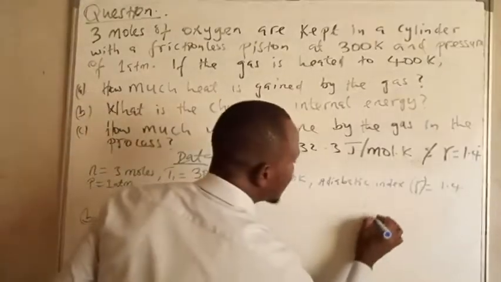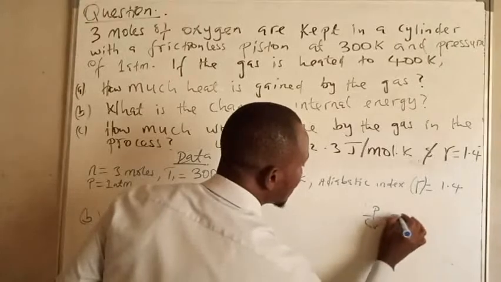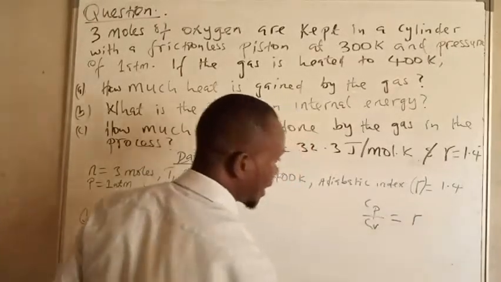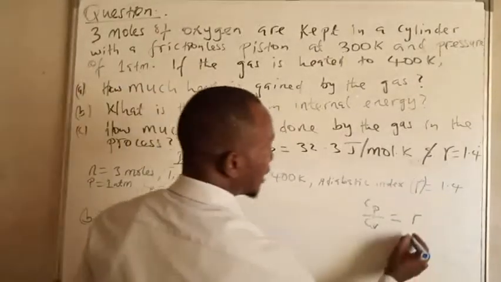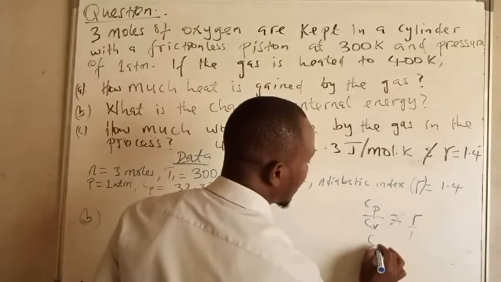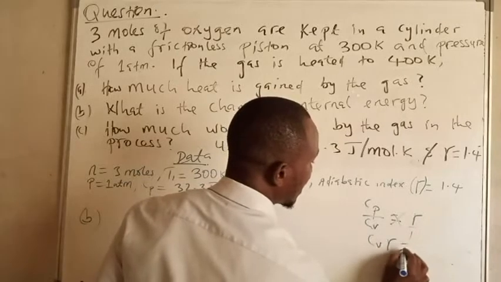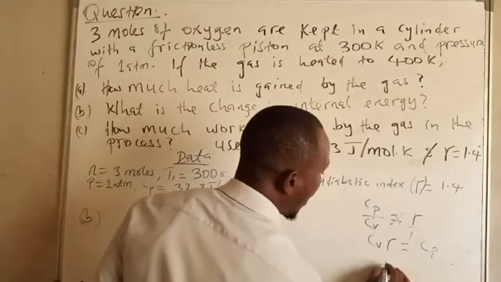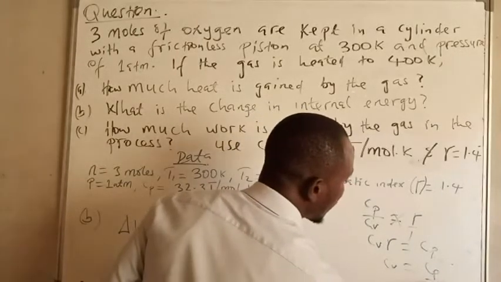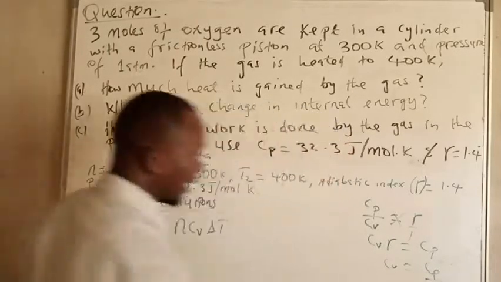We know that the ratio between Cp and Cv is what gives us the adiabatic index. So when we make Cv the subject, Cv will be Cp over the adiabatic index.